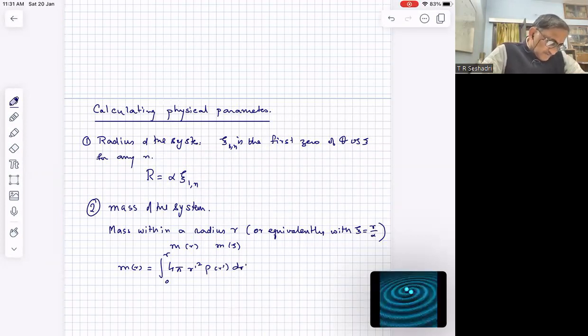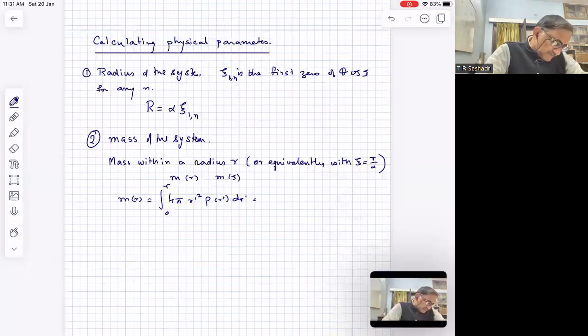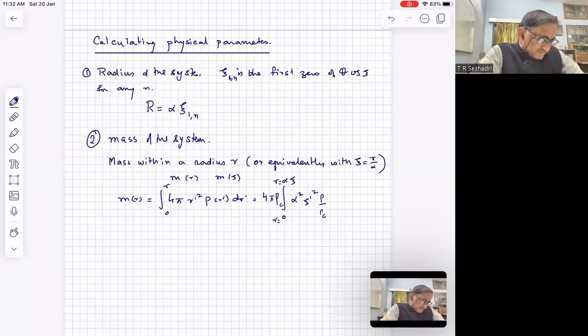Yeah. Okay. And so this is basically equal to 4 pi integral from R equal to 0 to R equal to alpha square xi prime square, rho by rho c times rho c, into alpha times d xi prime. I'm just substituting in terms of xi.